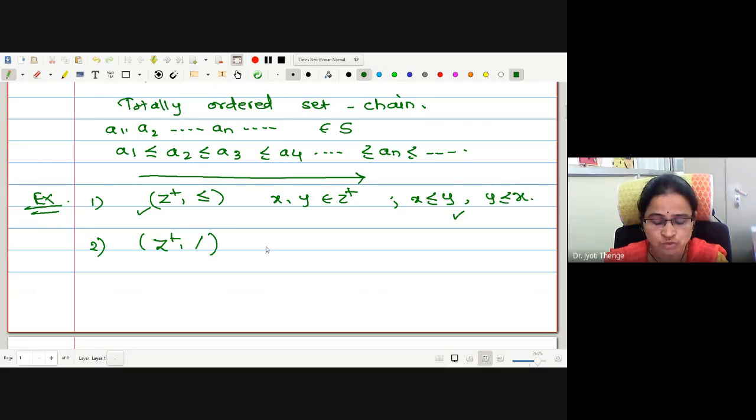I am saying this is not totally ordered. Do you agree with me? For any two elements, we want to check whether they are comparable under this relation. Here I am saying two elements are not comparable. Can anybody tell me why?